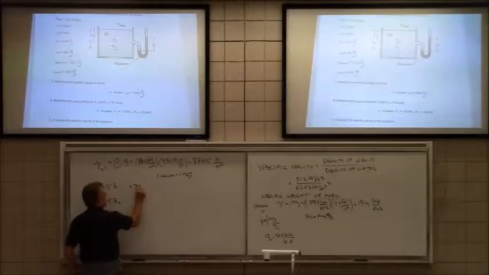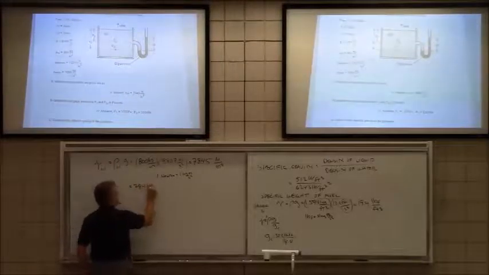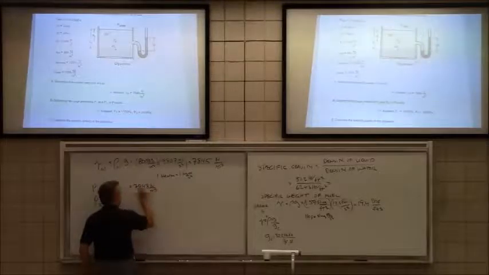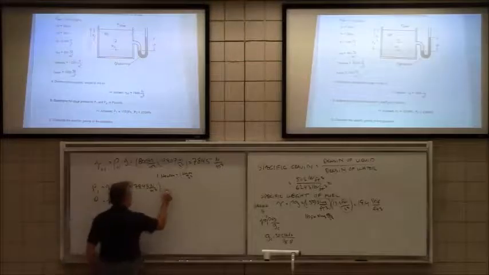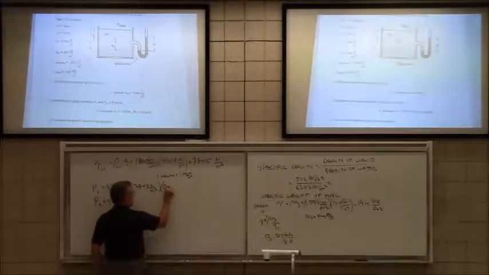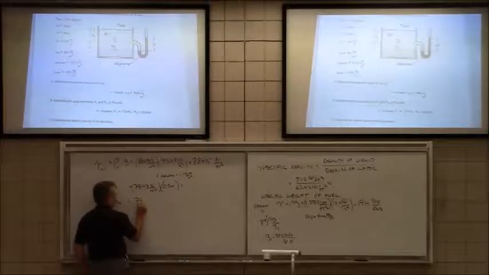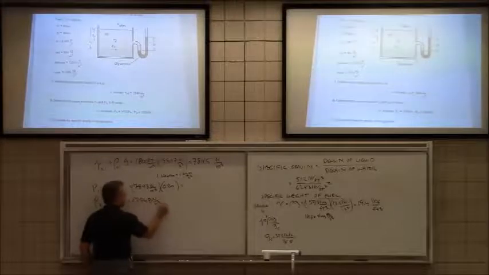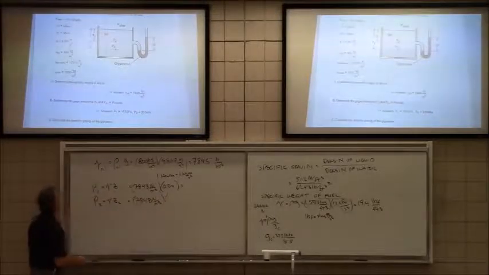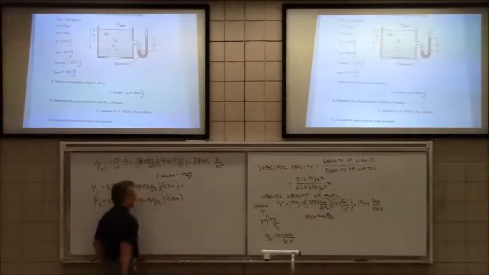So that's, we'll use 7848 newtons per meter cubed, and Z1 is in centimeters, right? So I'm going to convert that to meters. And then we've got 7848 newtons per meter cubed times Z2, where Z2 is 0.3 meters.